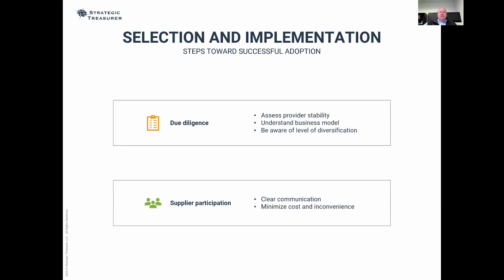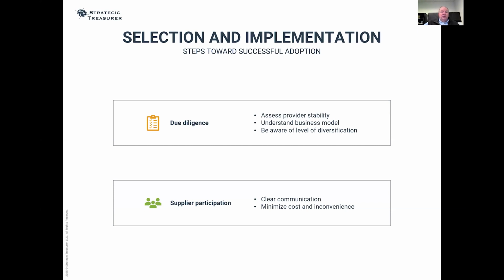Now, selection and implementation, just a few things here I want people to look at, right? When we look at due diligence and supplier participation across the board, when you look at selecting one of these partners in the Treasury ecosystem, the cash conversion cycle ecosystem, however you look at it, what's essential?